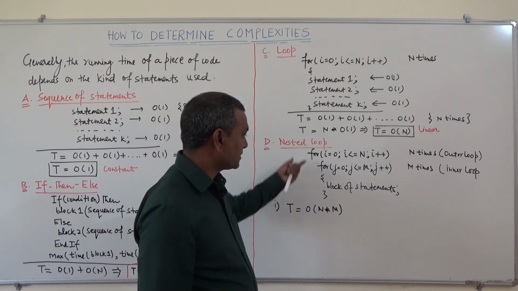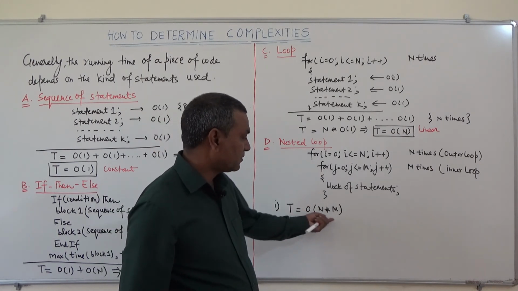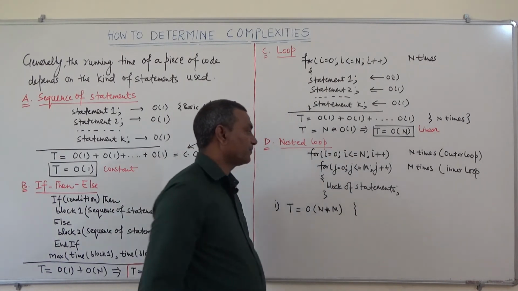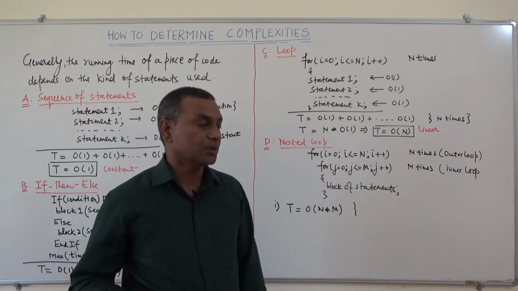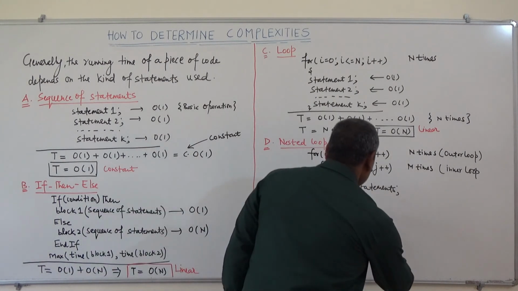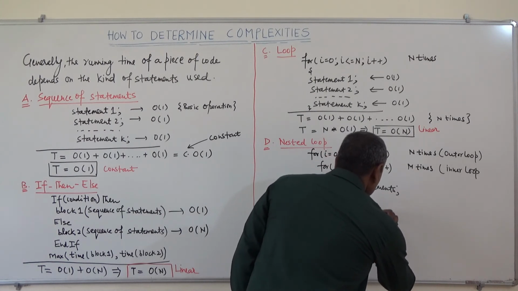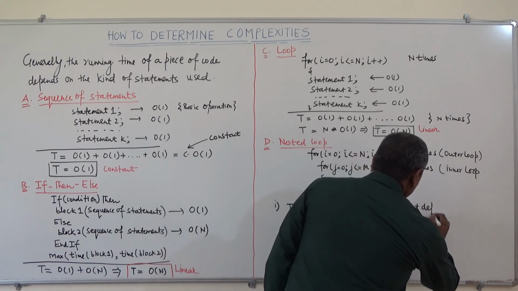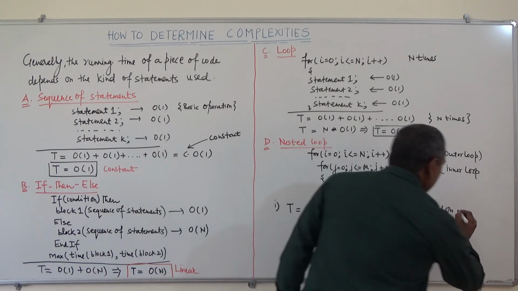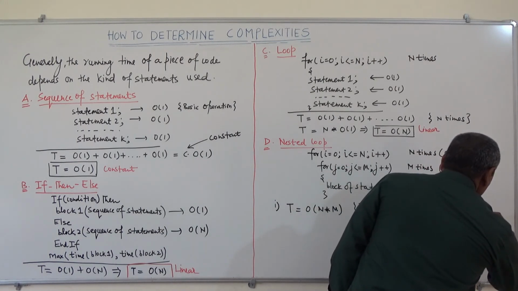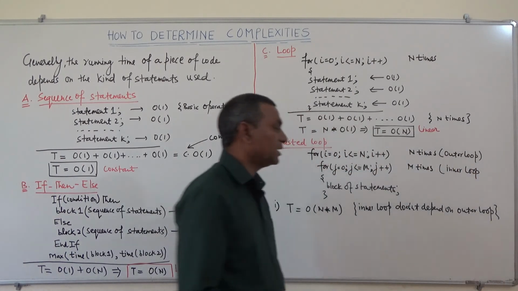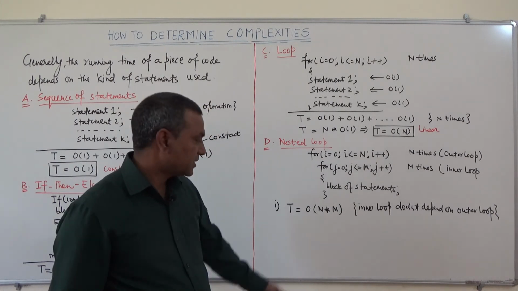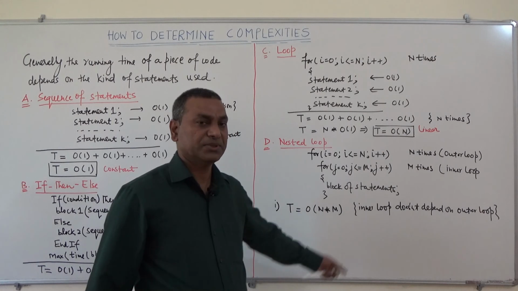The complexity for this nested loop will be order of n into m when the inner loop doesn't depend on the outer loop. It is not depending on the outer loop. So n and m are independent. That's why the complexity is order of n into m.